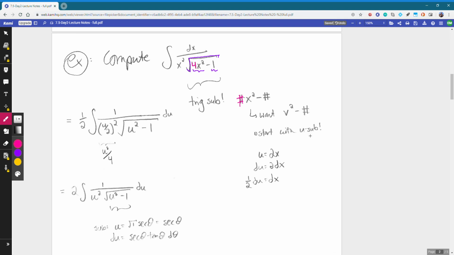And so let's go ahead and start things off with a u sub to try and collect this 4x squared as something squared, right? And in order to do that, what that something's going to have to be is 2x, right?